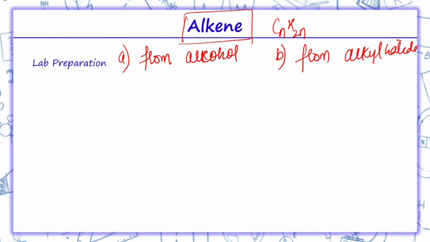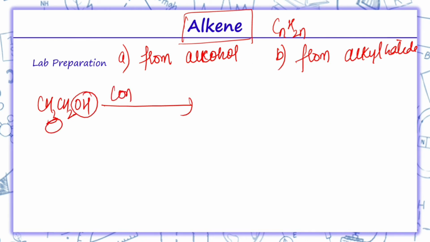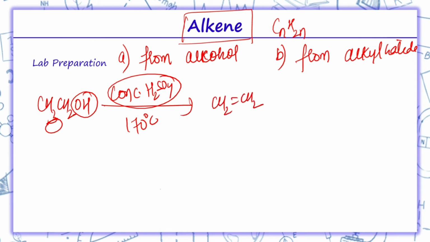When we talk about alcohols, we will take alcohol CH3CH2OH, in which this H and OH, that is water, is removed. Since water is removed, it is known as dehydration, and this concentrated H2SO4 is known as the dehydrating agent. Thus we get alkene.